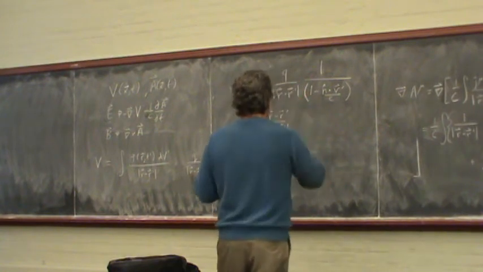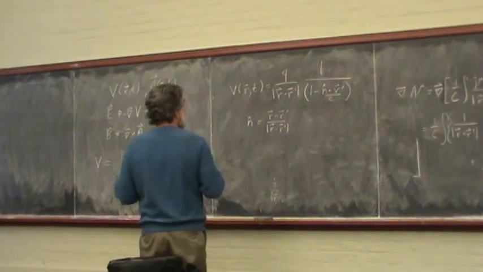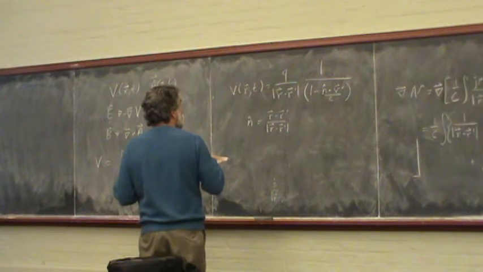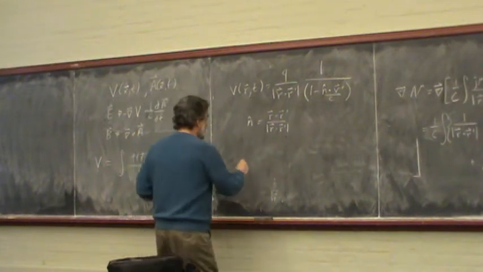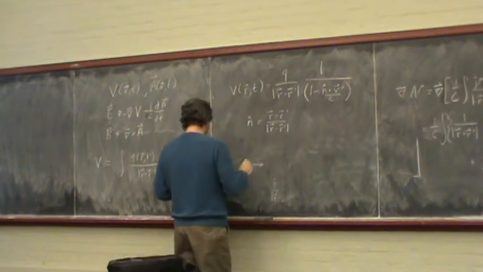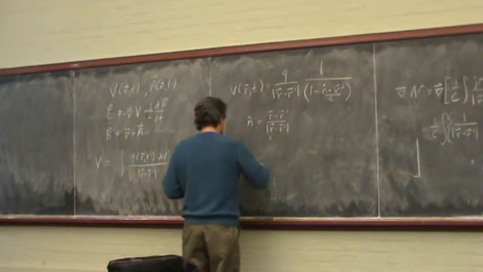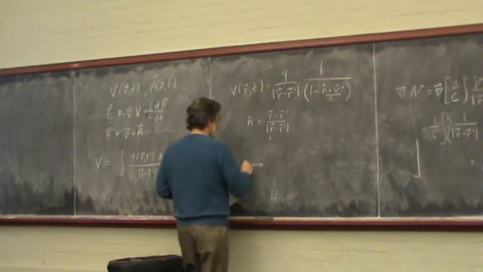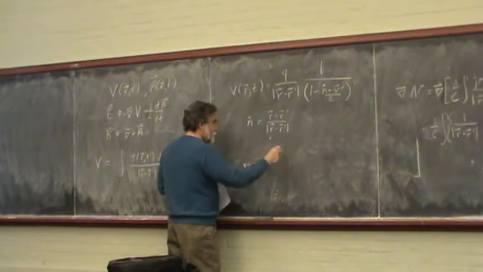I'll state that when we think about the charge moving along a particular direction, so the charge is moving like so, and my observation is over here. So here's my source. It's moving with some velocity in that direction.